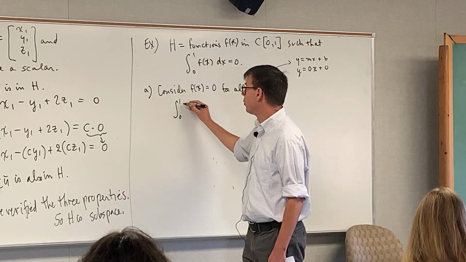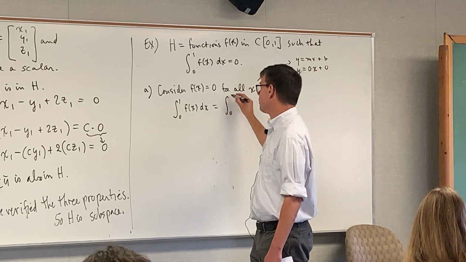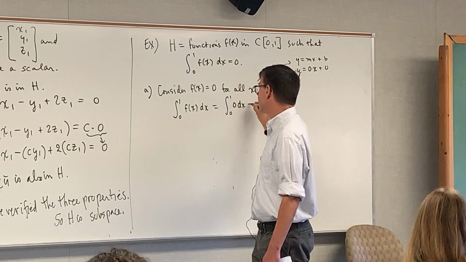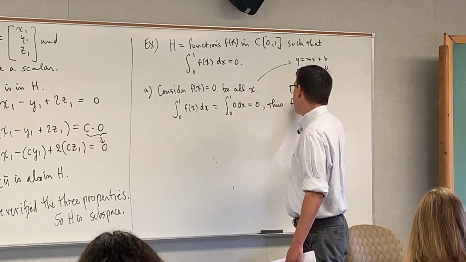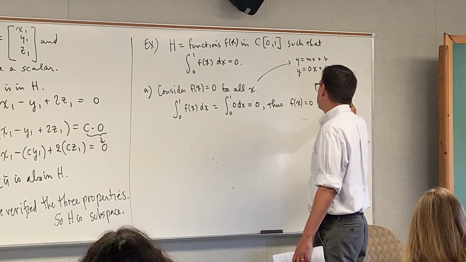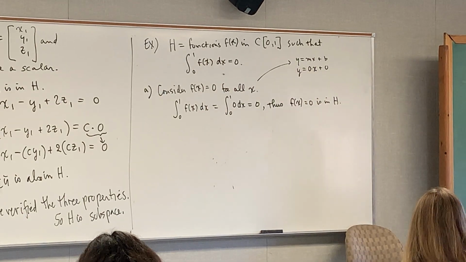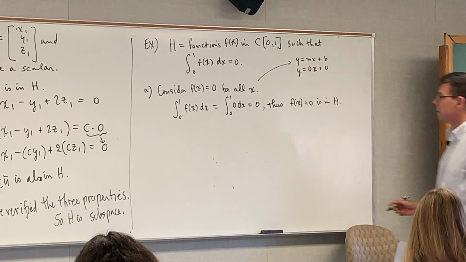The integral from 0 to 1 of f of x dx is the integral from 0 to 1 of 0 dx, which is 0. Thus, f of x equals 0 is in H. So the integral from 0 to 1 of the zero function really is 0.